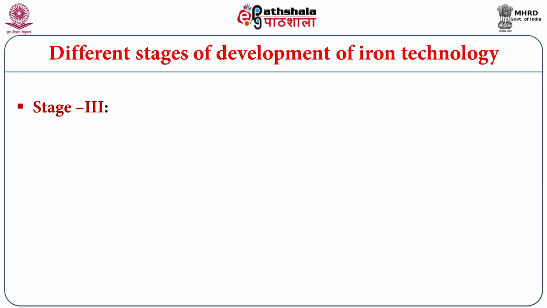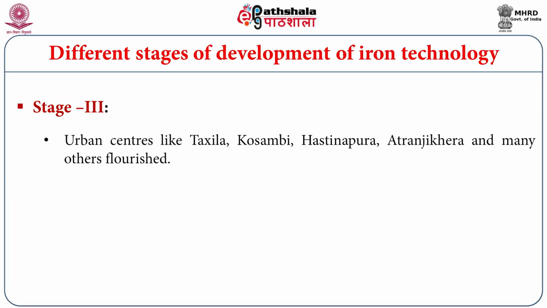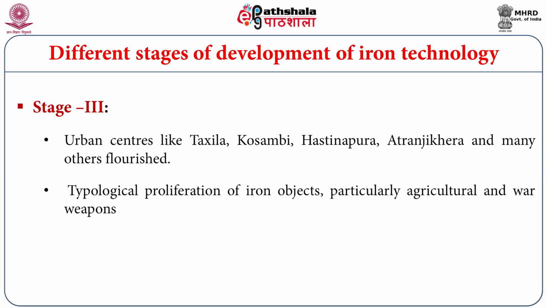In stage 3, we see further development. We have urban centers like Taxila, Kosambi, Hastinapura, Ahichchhatra, and many other important towns. We also see an increase in the number of iron objects, particularly agricultural implements and their types, and also weapons of offense.